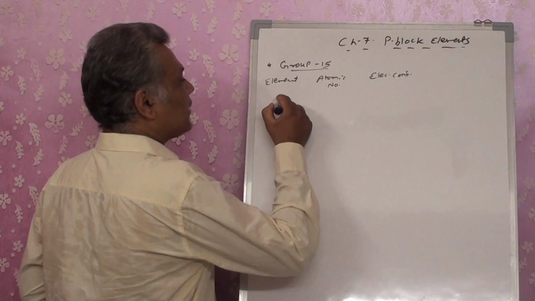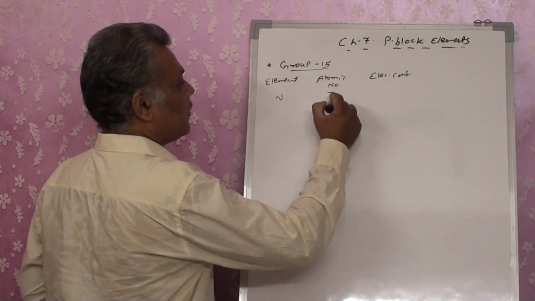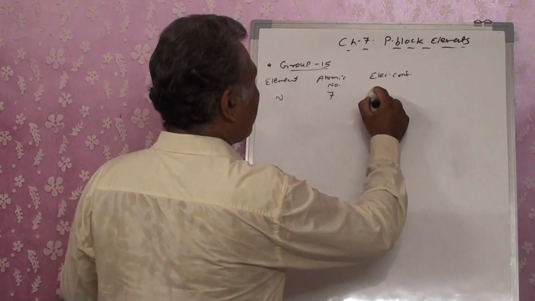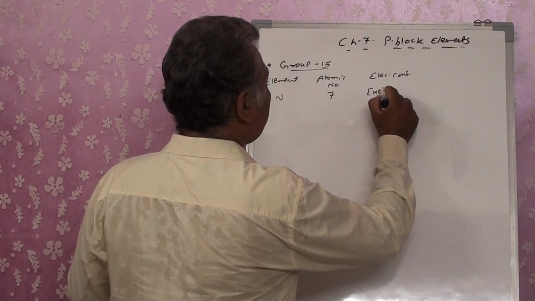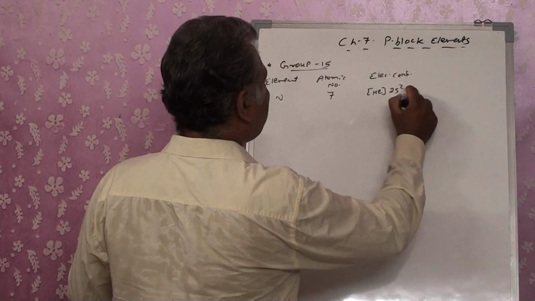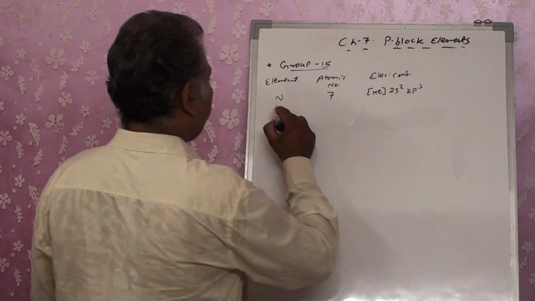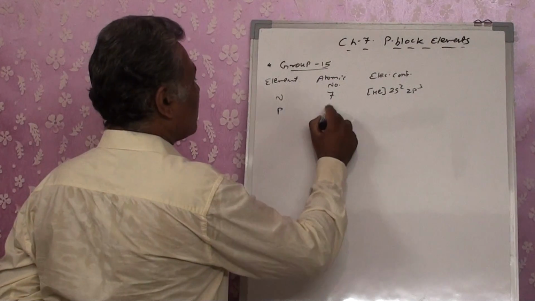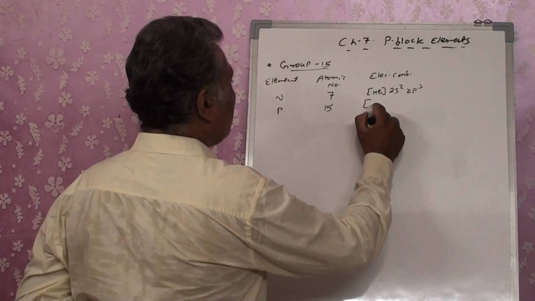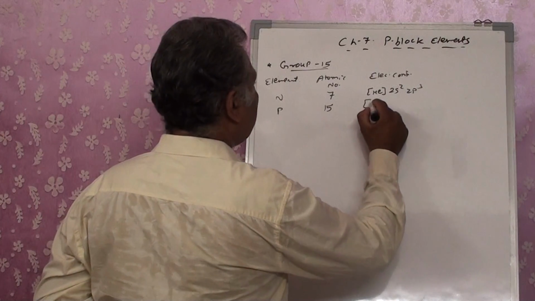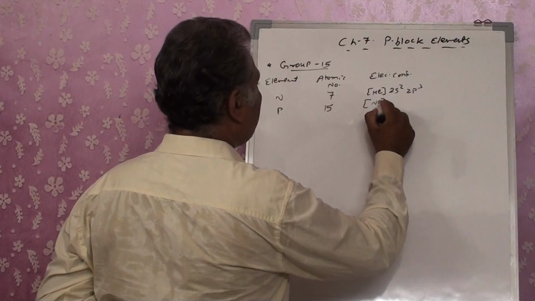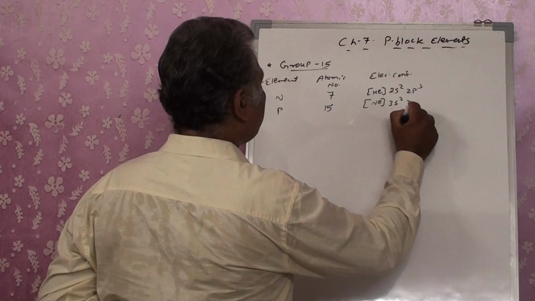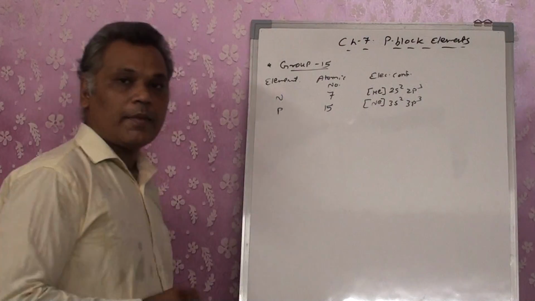We have the element nitrogen, atomic number 7. Its configuration is helium, 2s2, 2p3. Then phosphorus, atomic number 15, is neon, 3s2, 3p3, right?